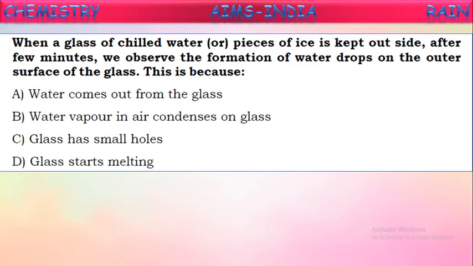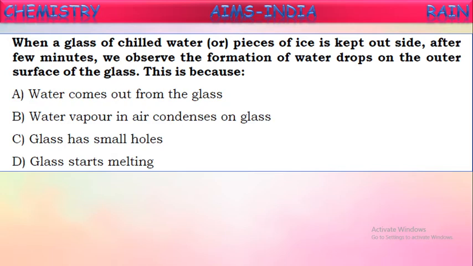Next one. When a glass of chilled water or pieces of ice is kept outside, after a few minutes we observe the formation of water drops on the outer surface of the glass. This is because, yes, what is the reason behind it?